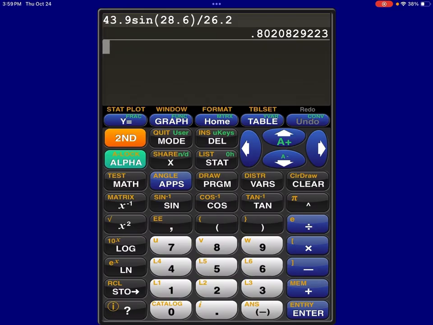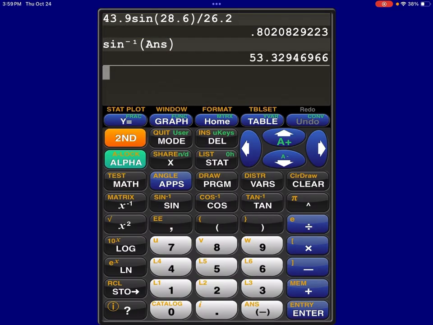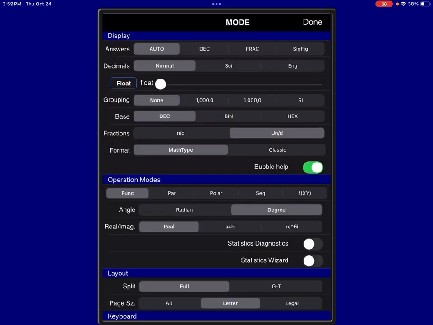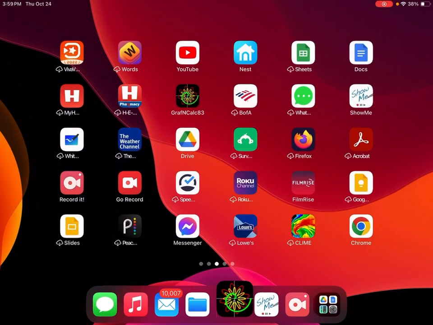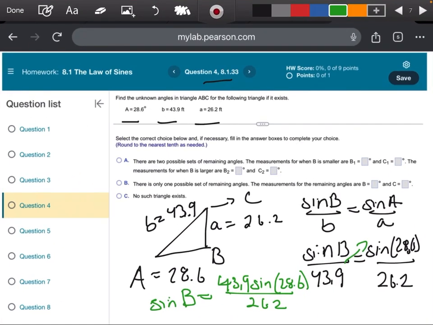And then, y'all, I'm going to do my inverse of that answer, and I'm coming up with 53.3. One thing I want to emphasize, make sure that you are in degree mode, okay? But I am coming up with 53.3. Okay, so angle B, y'all, is 53.3.